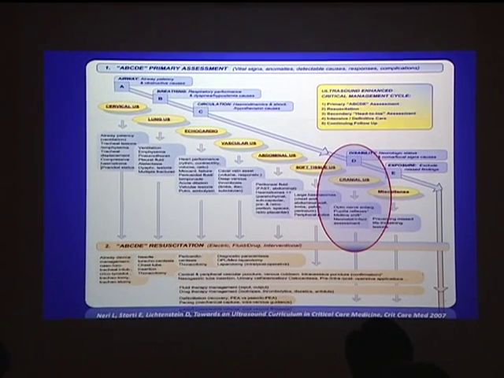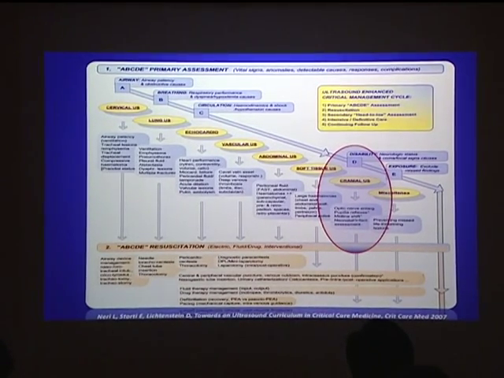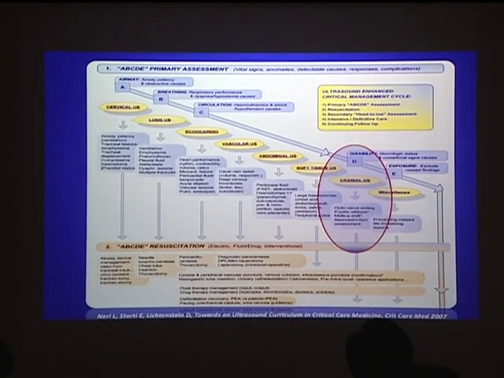Obviously, D could be the first before ABCD, but usually when D is so much impaired, like in a major trauma to our brain, a crash in our head, maybe we are already dead.